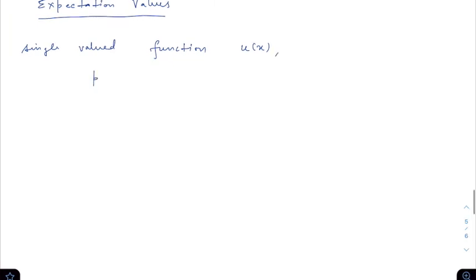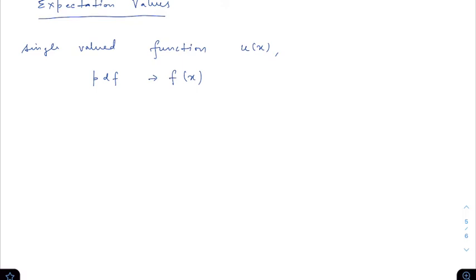So if we consider a single valued function u(x) for the random variable x for which the probability density function is given as f(x), the expectation value of u(x) is denoted by E[u(x)].